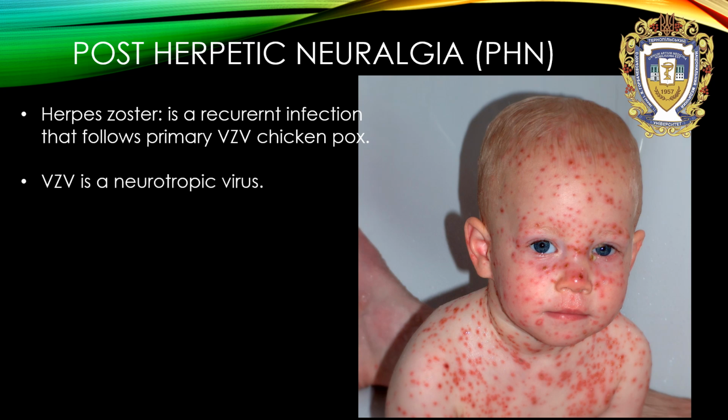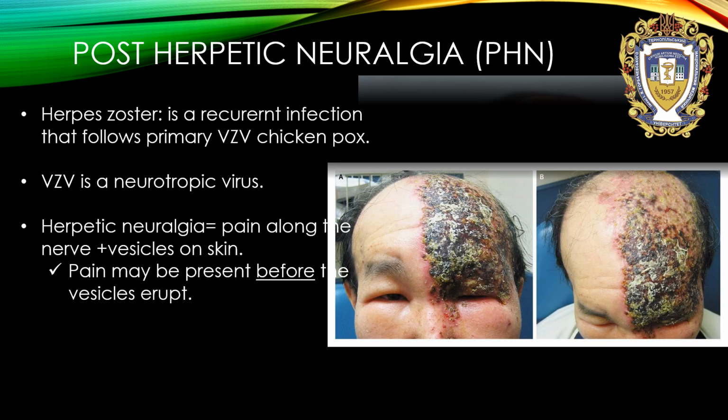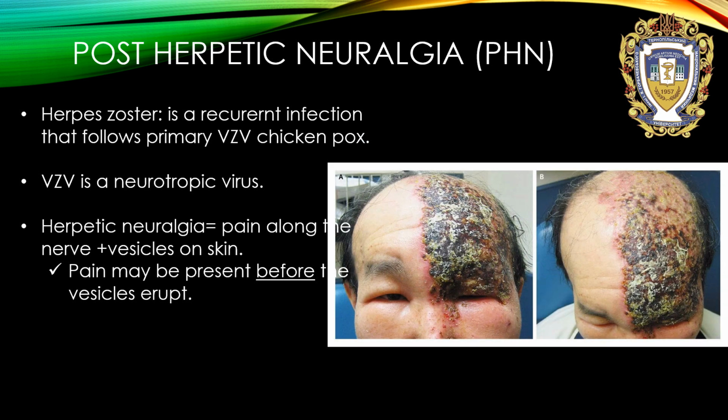And you know that virus zoster is a neurotropic virus. Herpetic neuralgia is pain along the nerve plus vesicles on the skin.